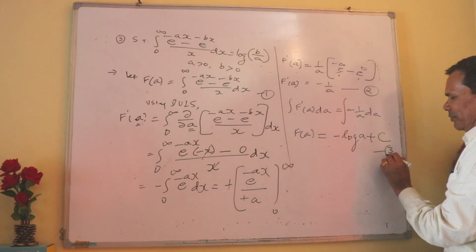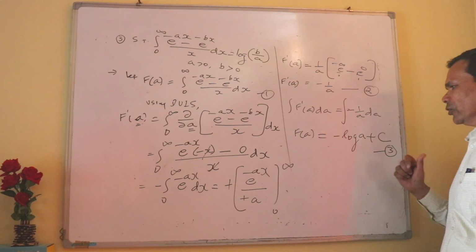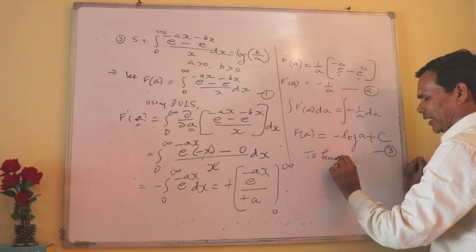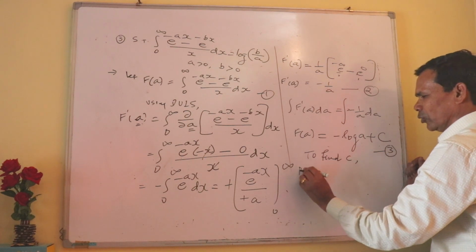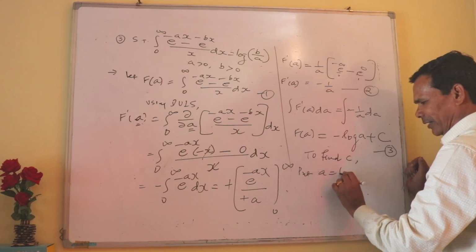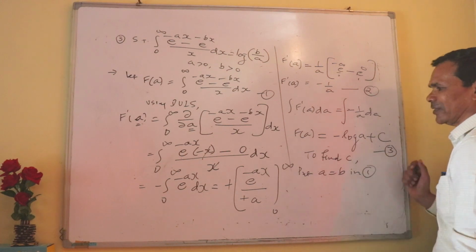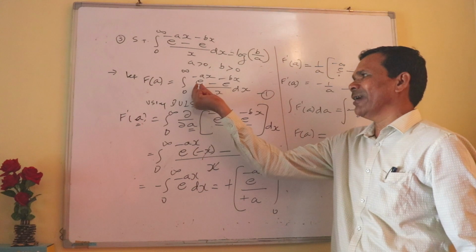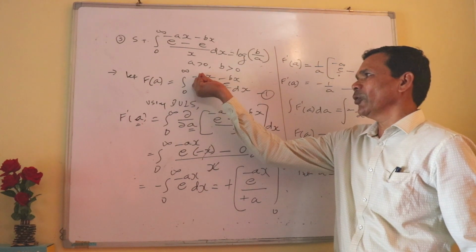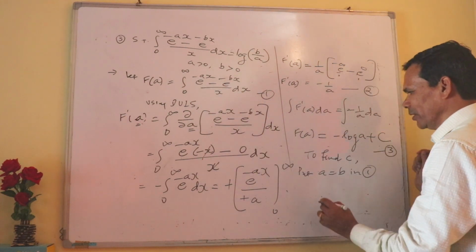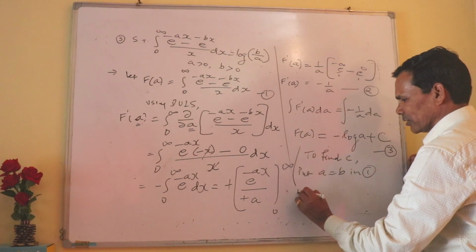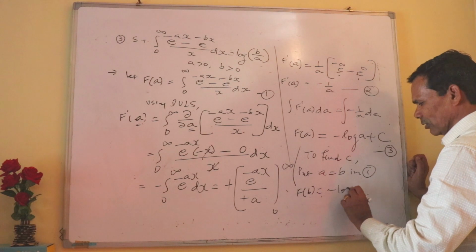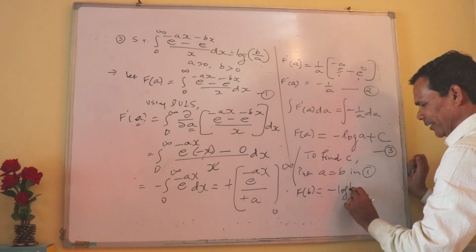This is expression number 3. So we have to find c. To find c, as said earlier, put a equal to b in 1. If you put a equal to b, then it becomes 0 or some finite value. If a is equal to b, then it becomes 0 here. So f of b is equal to minus log b plus c.